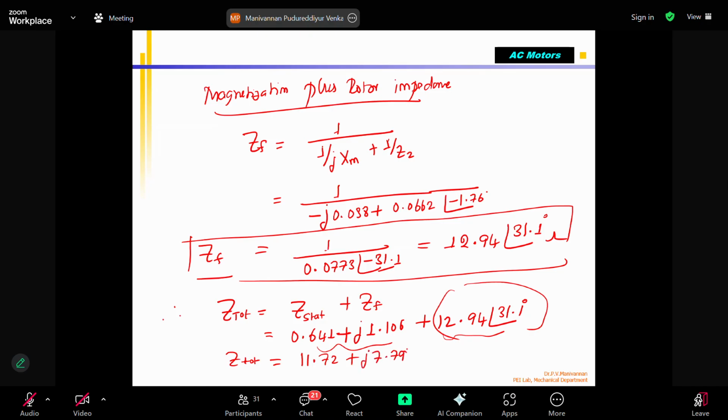You can use a scientific calculator in the exam, where complex can be converted to polar and polar to complex, because you cannot add two different formats. First convert one form to another. Then the real part can be added, the imaginary part can be added, and from that you find the final Z total.